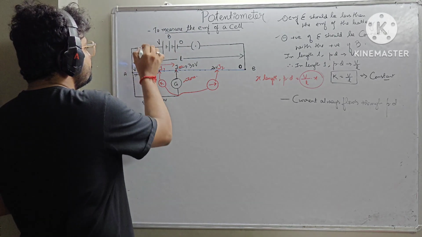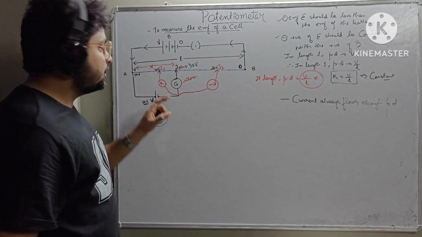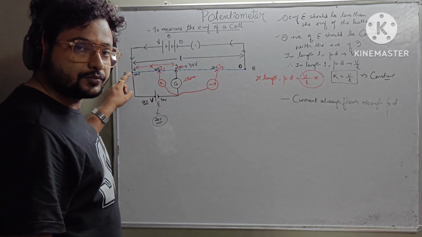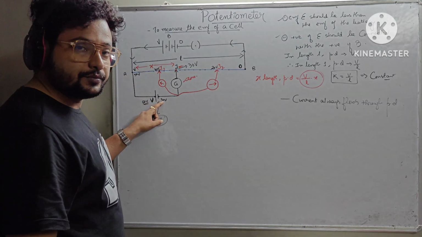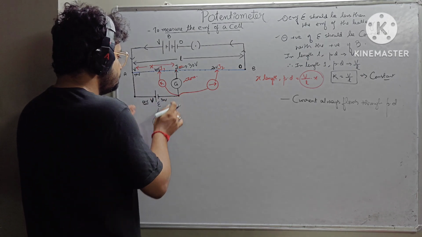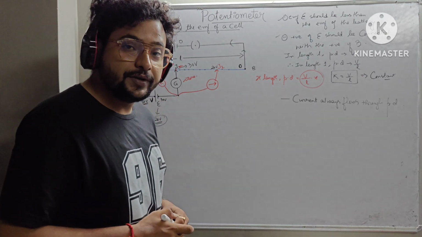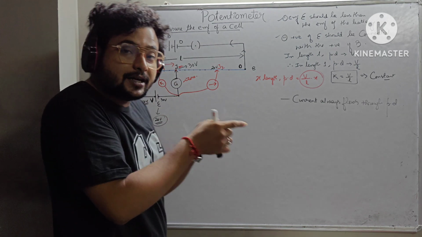When current is going to flow from here, current will see over here there is 50 volt. This is 50 volt, this is 30 volt. Okay, so the potential difference between these 2 points is 20 volt, and you have touched the jockey over here where the potential is 30 volt.